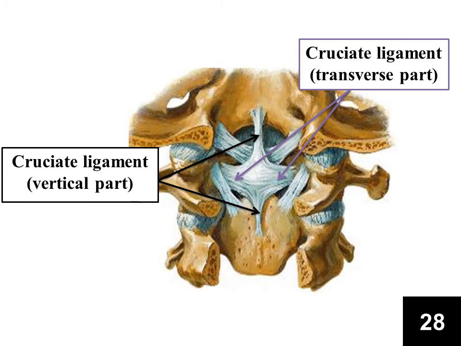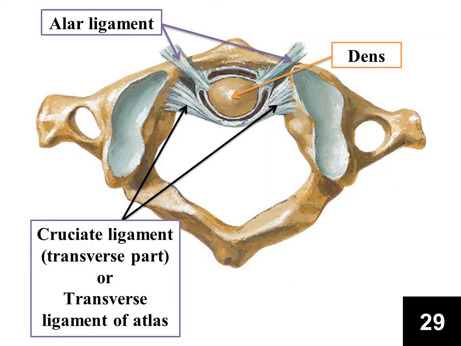As for the transverse part, it goes medially to the medial aspect of the lateral mass of the atlas. Also here you can see the cruciate ligament, you can see the transverse part, which is the transverse ligament as we call it, passing behind the dens or odontoid process and attaching laterally to the medial aspect of the lateral mass of the atlas.